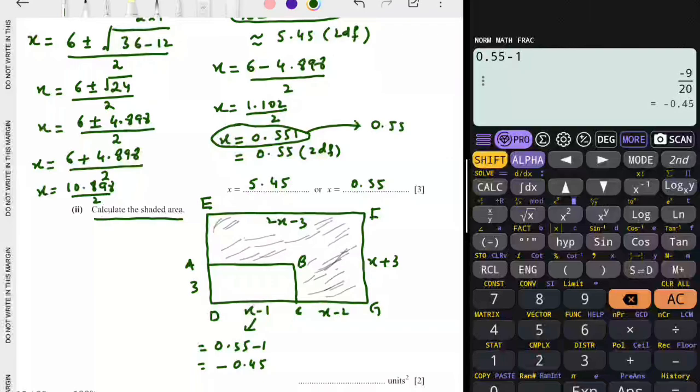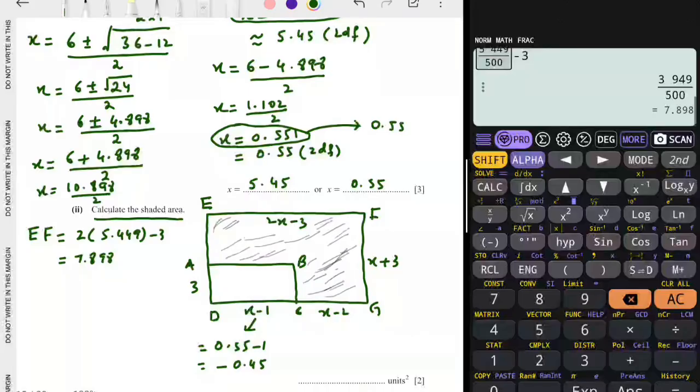Now to calculate the shaded part, first of all we have to calculate length EF, that is 2 into 5.449 minus 3. So with the help of calculator we'll solve it. 2 times 5.449 minus 3, so this becomes 7.898, and width, that is FG, is equal to x plus 3.